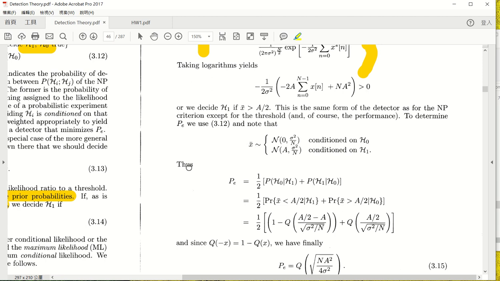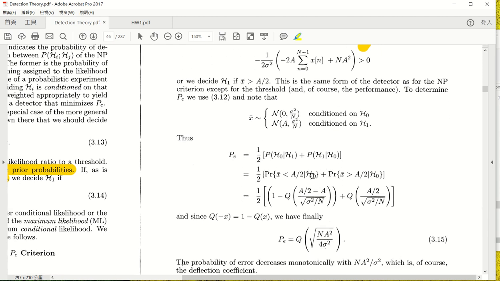And therefore, our PE will be 1/2 something like this. Conditional on H1, you make a decision for H0. Conditional on H0, you make a decision for H1, and things like that.